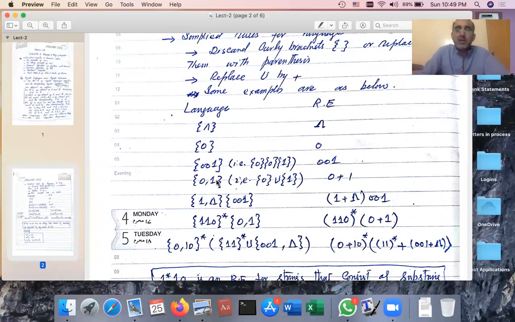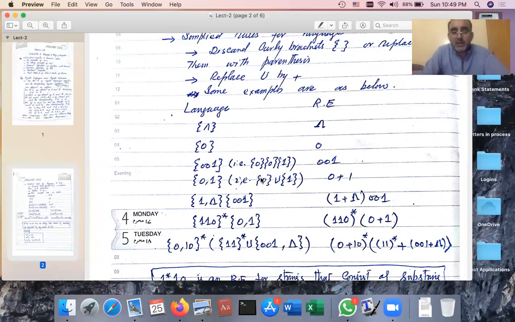But here we have the languages in mathematical form. So {0, 1}: whenever there is a comma between the alphabets or the strings of a language, it means union. Keep this in your mind.